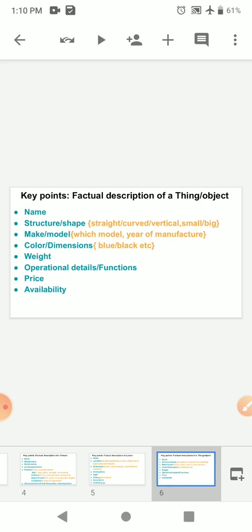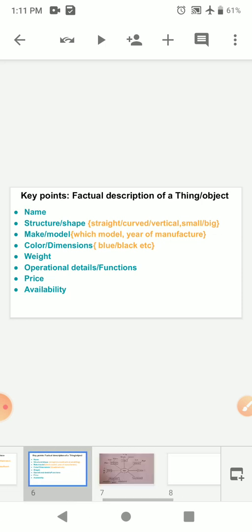But if the thing is natural, you are not going to mention the year of manufacture. And then you will talk about color, dimensions, weight, its functions, its features, operational details, and then you will talk about its price and availability.